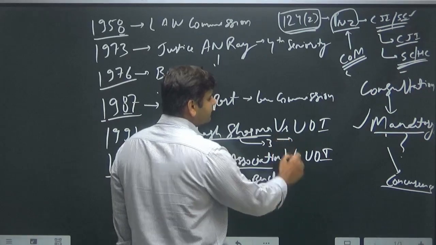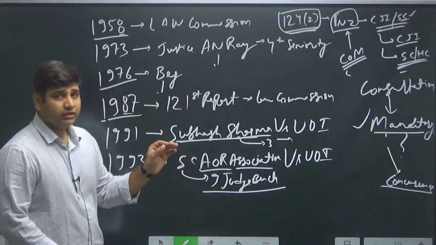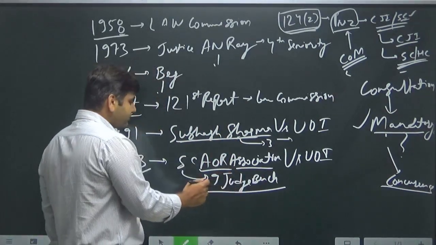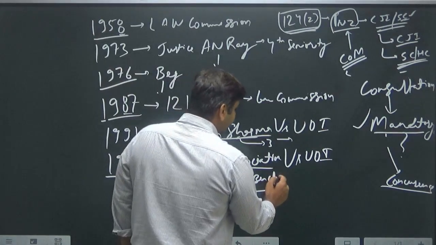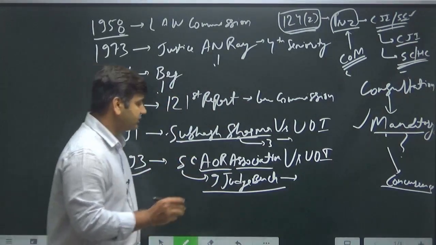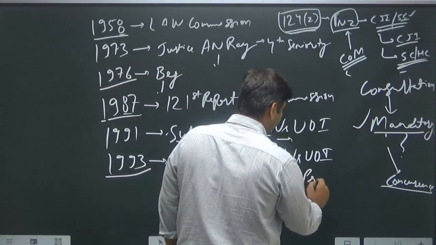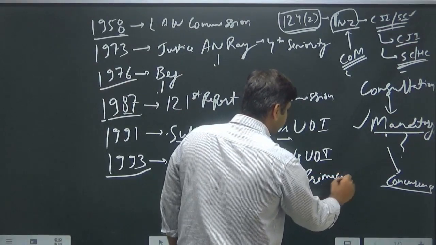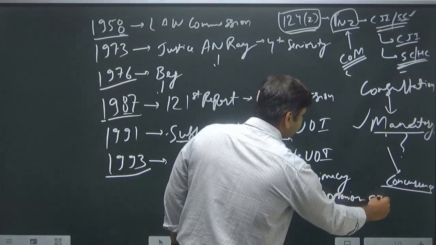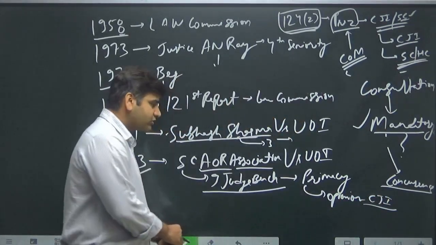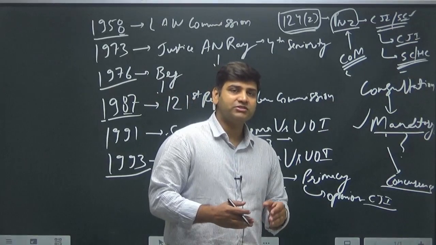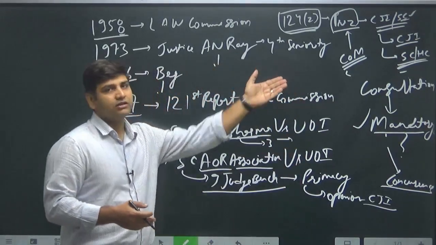In the Subhash Sharma case, the judgment also said that the matter must be referred to a larger bench. So here it was a 9-judge bench which gave the order, and it again reiterated the decision made in the Subhash Sharma case, which says that the primacy must be given to the opinion of the Chief Justice of India, because the Chief Justice of India is in the position to know the competence and worth of any judge more than anybody in the other organs of the government.